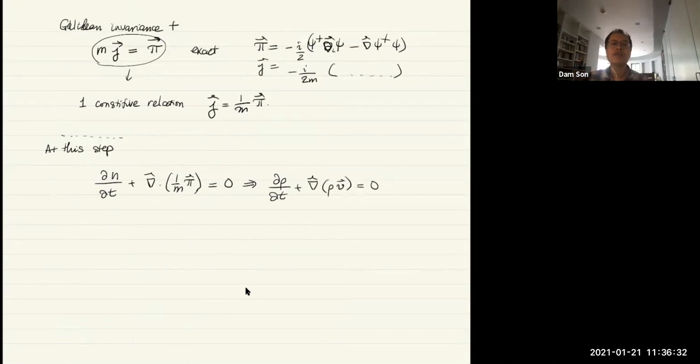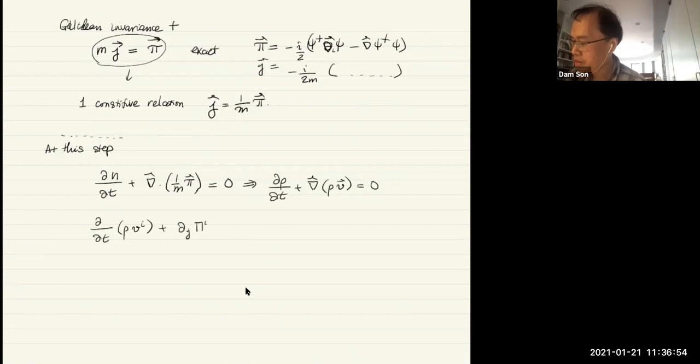So I multiply this by m and also use the formula that we obtained from Galilean boost, pi equal rho v. The second equation is d over dt of rho v_i plus del_j pi_ij equal to 0.